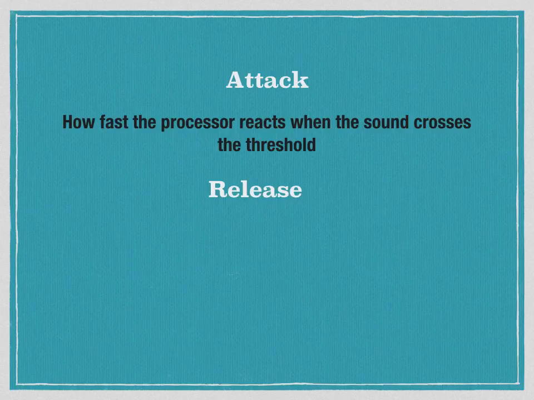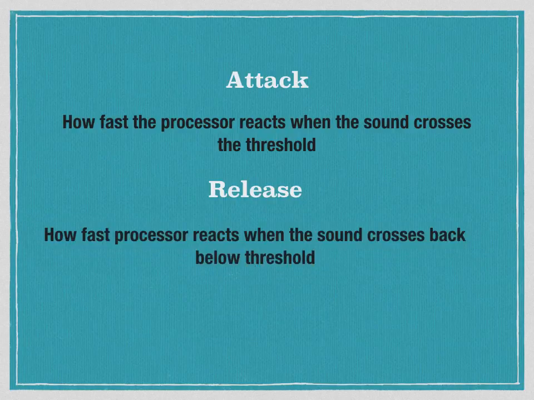For instance, maybe we want to attenuate that signal. How long does it take for the processor to actually begin attenuating that signal and to bring it to where you would like it to be? Then we also have release. Release looks at how fast the processor reacts when the sound crosses back below the threshold. So release essentially is doing almost the opposite of attack.